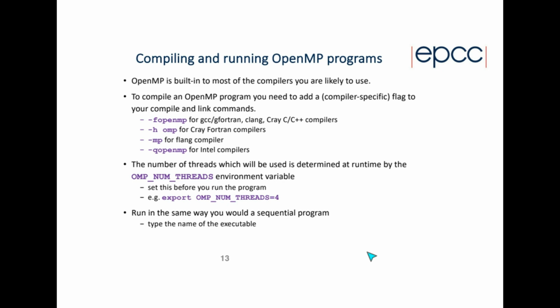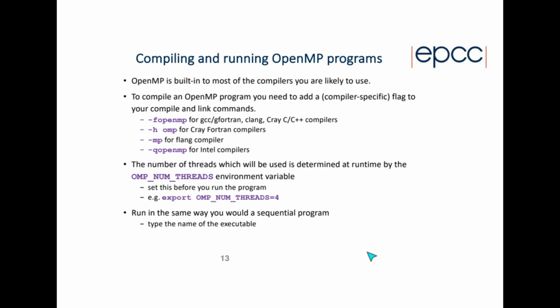The absolute typical use case is to set the value of this environment variable before you run the program, either on the command line or in your batch script if you're submitting to a batch system. So you'd export the value of OMP_NUM_THREADS. Say you want 4 threads for every parallel region. That's picked up at runtime and used.